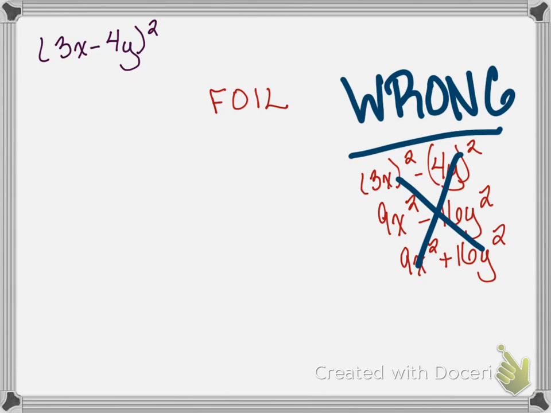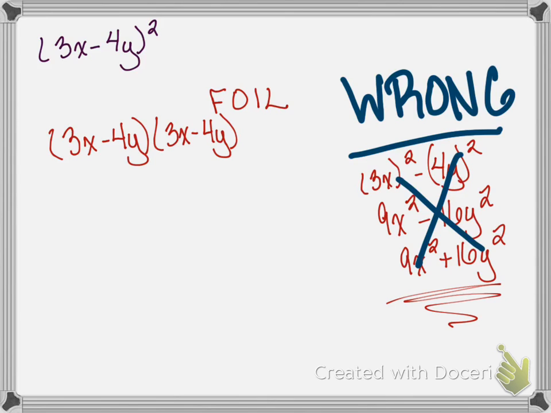Okay? So what I'm doing here is I've got 3x minus 4y times 3x minus 4y. That's what that means. And I would write it out, because if you don't write it out, you're in danger of doing this over here. Okay? So this means 3x times 3x. Okay, that's 9x squared.